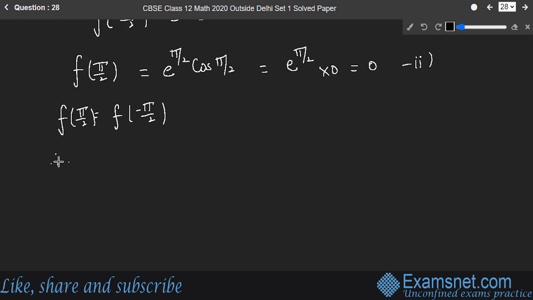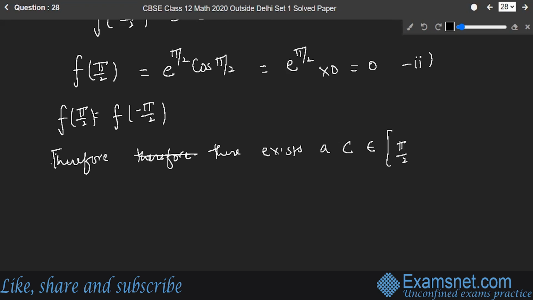Therefore, there exists a constant or a term c belonging to this interval minus pi by 2 to pi by 2 such that f dash c is equal to 0, right?